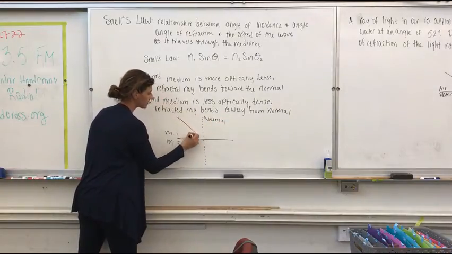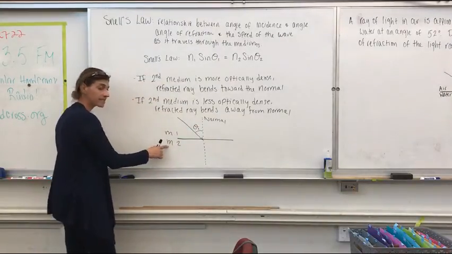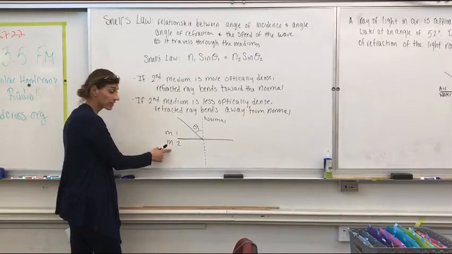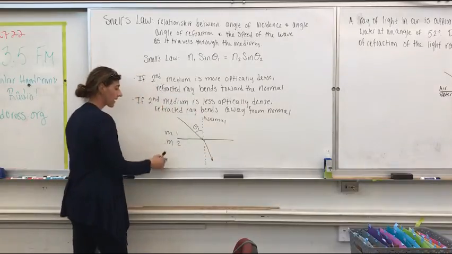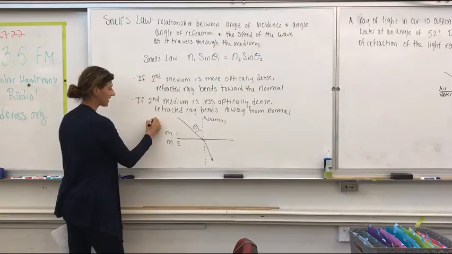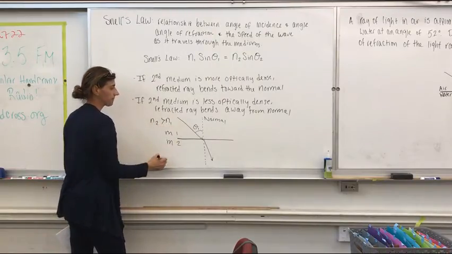Here's the incident ray, which comes in at this incident angle. If this medium is more optically dense, if its n is bigger, then it will bend towards the normal, like this. So in this picture, n2 is greater than n1.